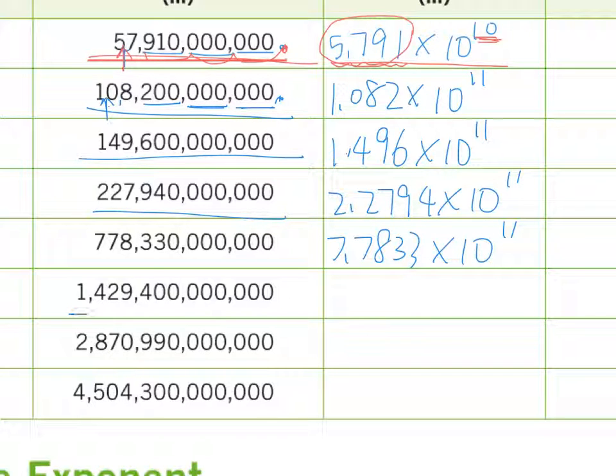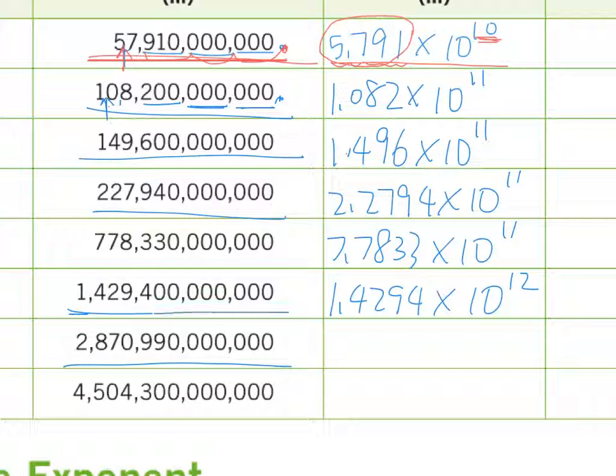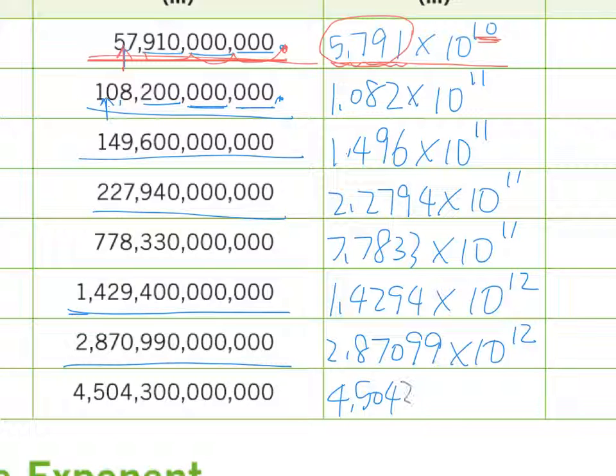Now I gain one more digit here, so A is going to be 1.4294 times 10 to the 12th. The next one is very similar in terms of the number of digits: 2.87099 times 10 to the 12th power, 4.5043 times 10 to the 12th power.